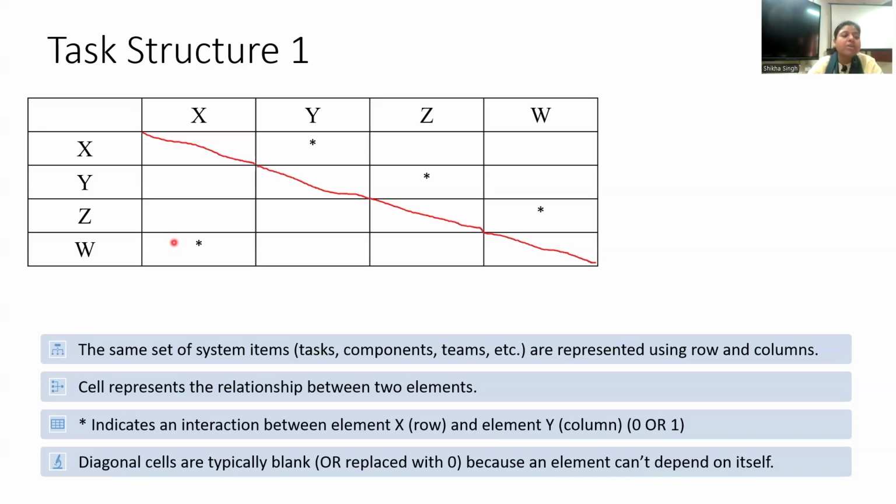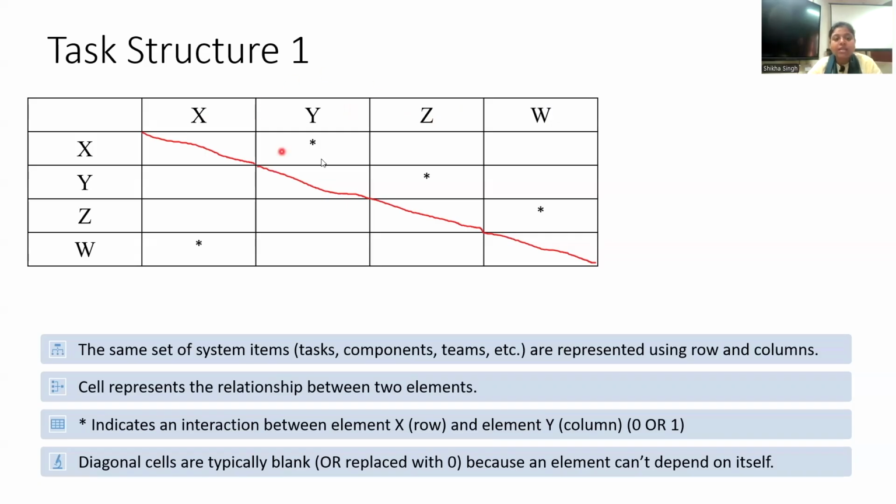The first information is that X is getting information from Y. These rows behave as the successor or information receiver, while on the column side, these are the predecessor or information provider.